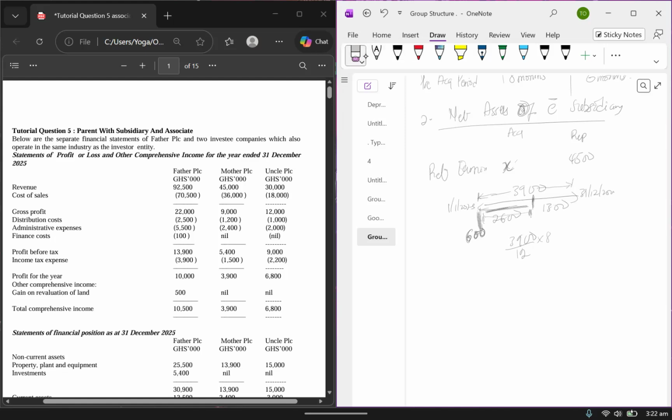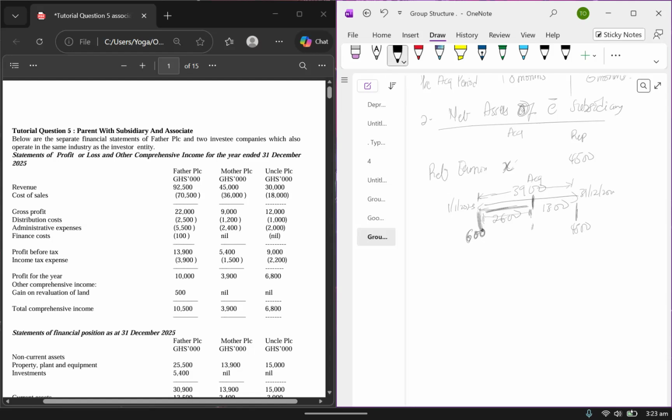So this is what I was explaining earlier, that to find the retained earnings at the acquisition date, you can either choose to subtract the profit from this side to this side from the retained earnings at reporting. It will give you the retained earnings at acquisition. Or you can subtract the whole 3,900 from the 4,500. You get 600.